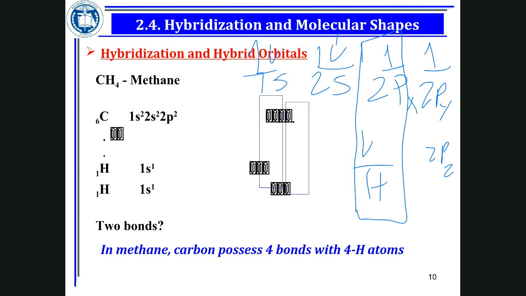And another hydrogen with one s electron is going to form the second bond with the 2py. So if we go with the molecular bonding, this is not going to be justified. How come carbon can form 4 bonds if it has only 2 orbitals with single electrons?